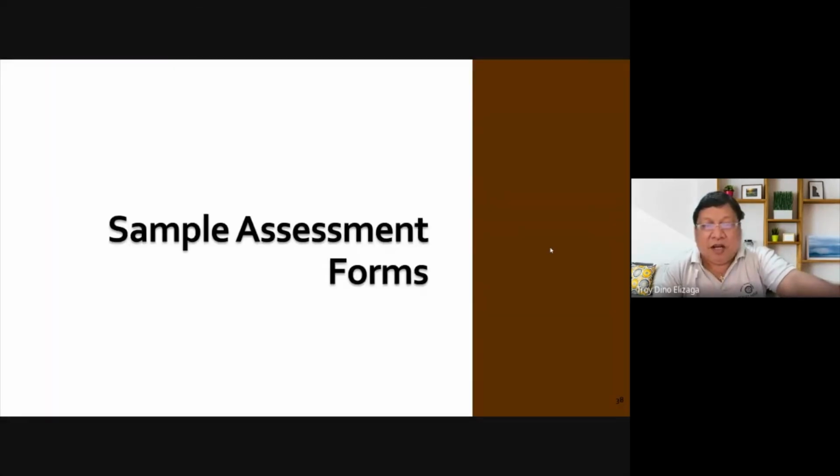So we go to our last topic, which is a sample assessment form. I showed you how assessment is done in Australia. Although I did not go into the details, because it's a very big process and we're not going to use it here anyway, unless the government requires it.